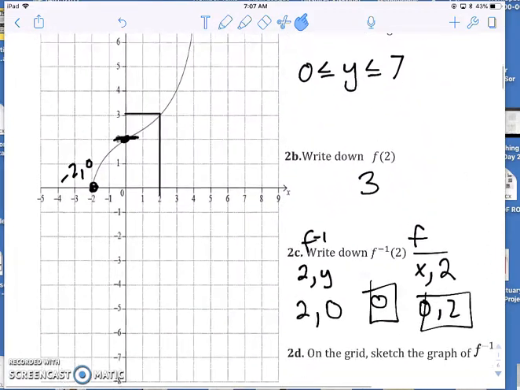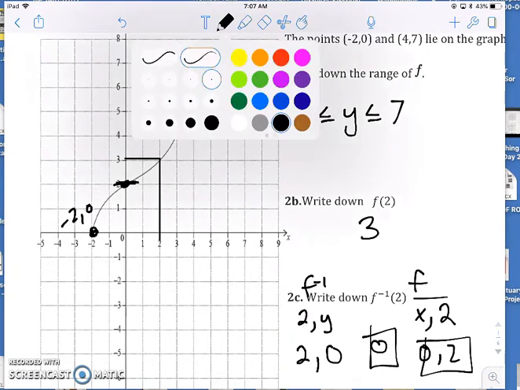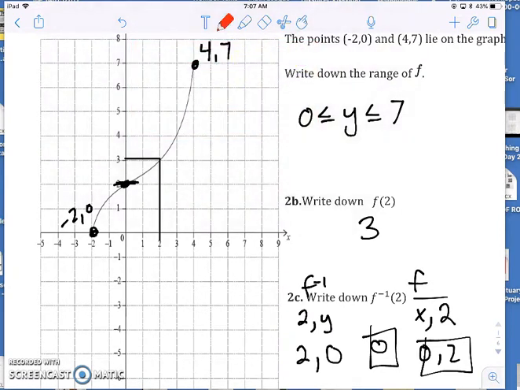On the grid, sketch a graph of the inverse. Well, we have to switch our x's and y's. So negative 2, 0 becomes 0, negative 2. We had 2, 0, so that becomes 0, 2. This one was 2, 3, so it becomes 3, 2.